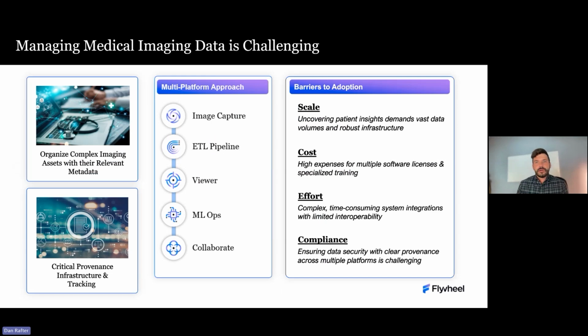How traditionally are these folks doing this? They need to organize their complex imaging assets with the relevant metadata. For example, here's the scan, but also the diagnostics or the treatments they've been on, the therapies they've been on before, and any additional metadata that's relevant to understand alongside the actual image findings themselves.